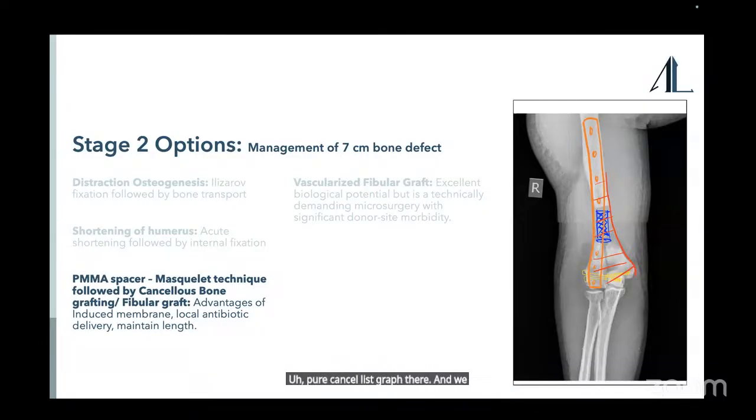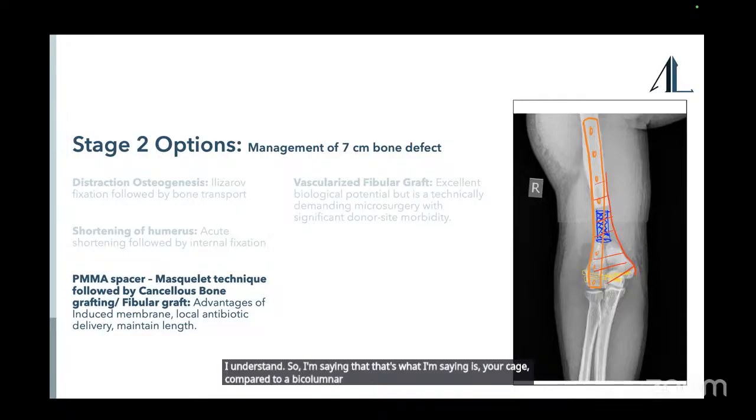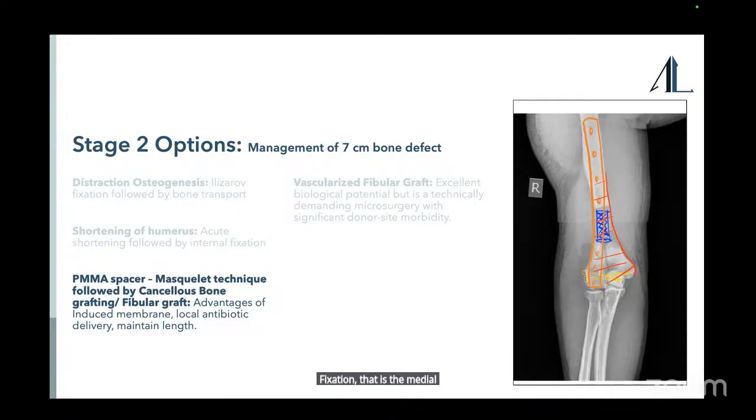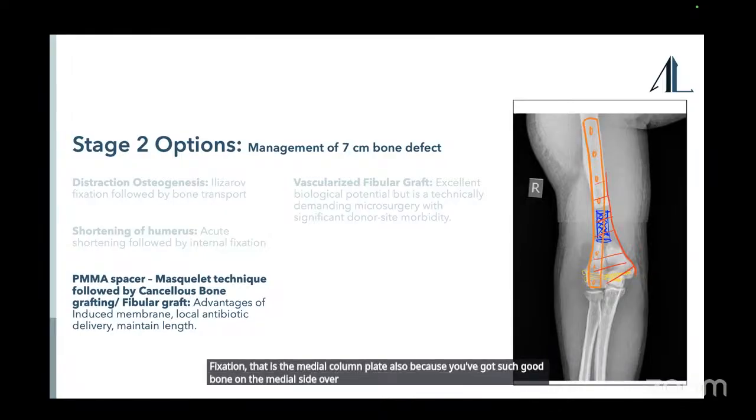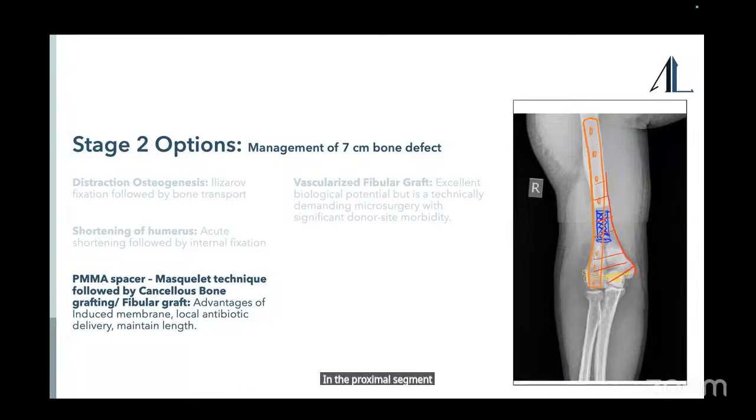I understand. What I'm saying is your cage compared to a bicolumnar fixation. That is a medial column plate also. Because you've got such good bone on the medial side over there, and a couple of screws above in the proximal segment would also give you stability.